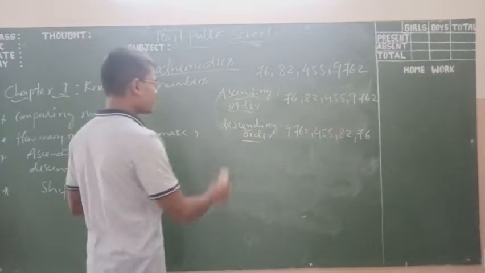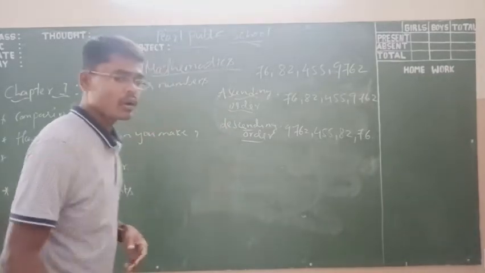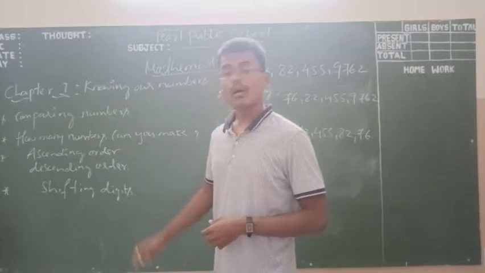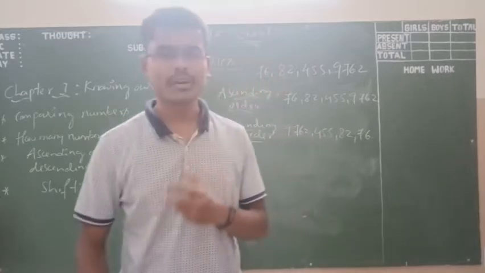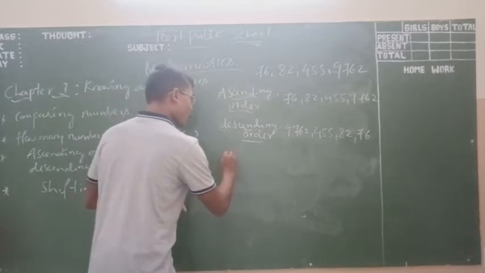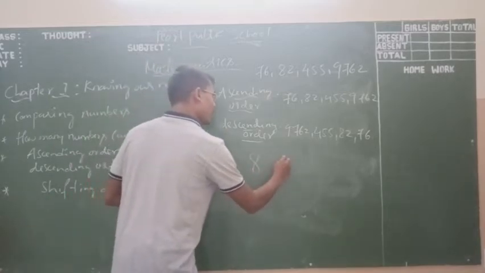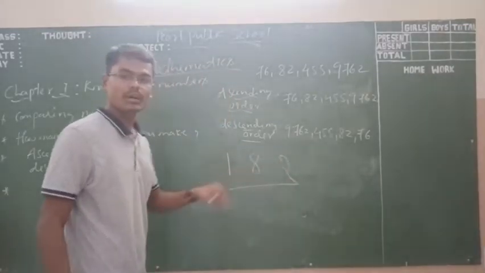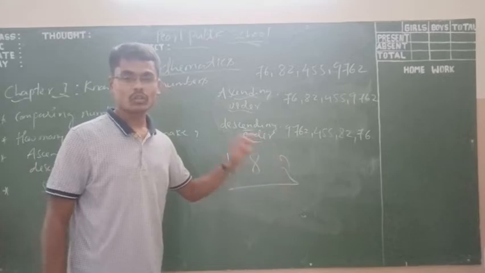Now after this, one more I have written here, shifting of digits. For example, look here, 1, 8 and 2. You know that this is a 3-digit number, 1, 8 and 2.